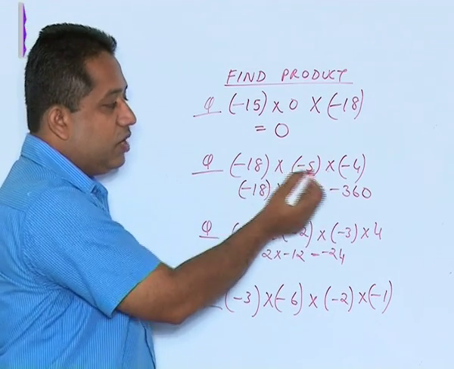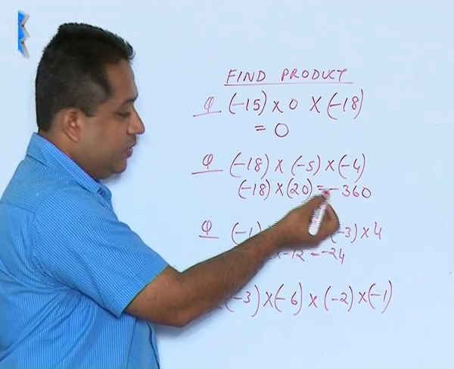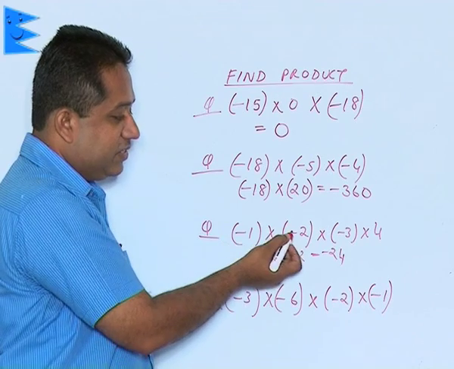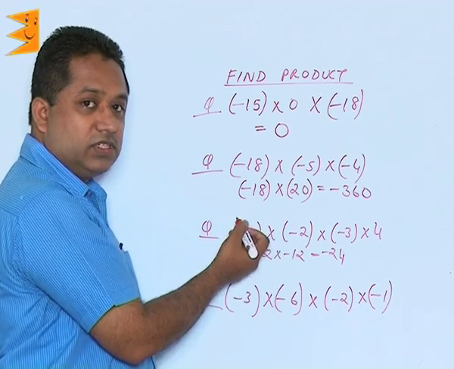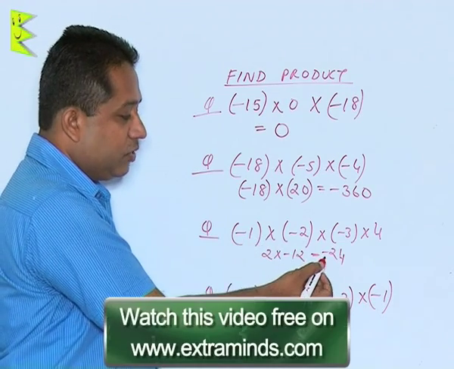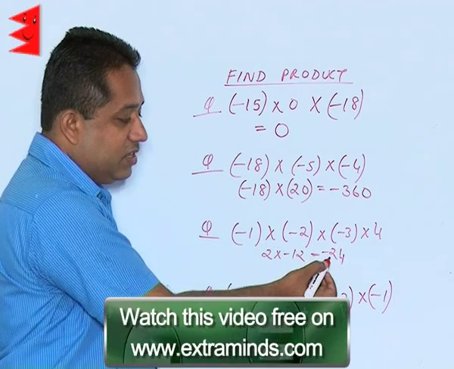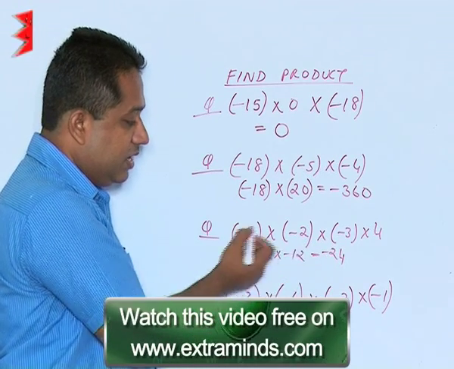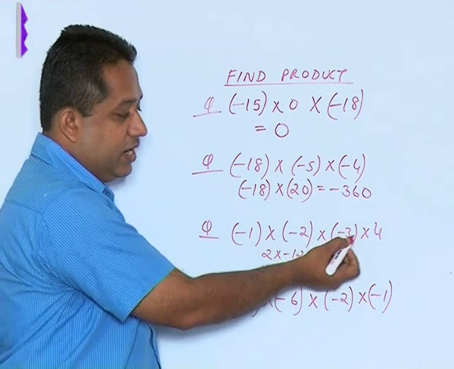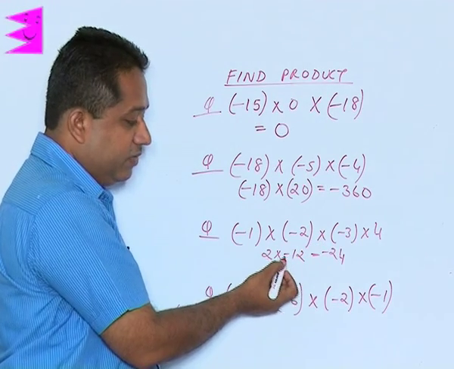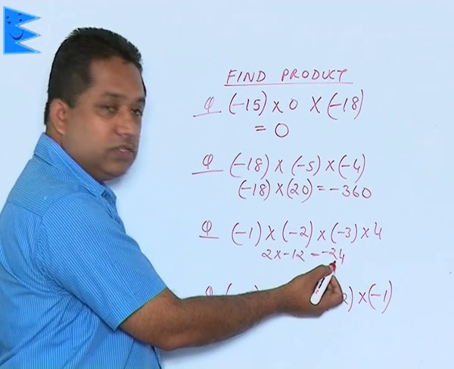So, odd number of negatives will always be negative answers, and if the number of negatives is even, that means we have 2 negatives or 4 negatives or 6 negatives, then the answer will be in positive. Here we have 1, 2, 3, 3 negative numbers indicate that the answer will be negative. So, we had 2 negatives first converted into positive 2, and we had a positive and negative, which is negative. Now, there is one negative, one is an odd number, therefore, we get minus 24.